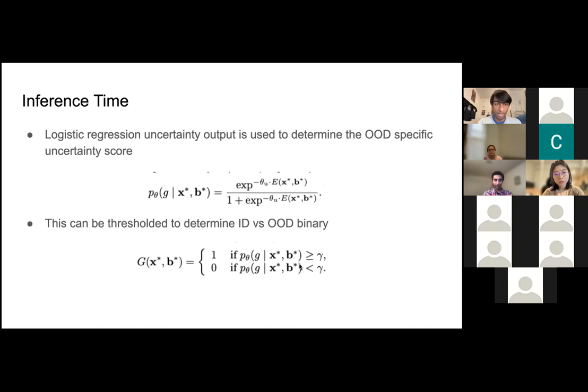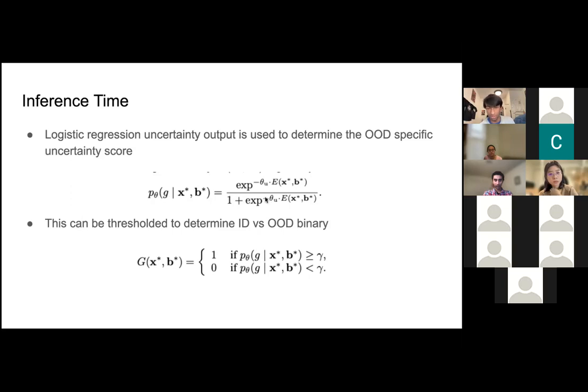Okay, then at inference time, we can make use of this same energy measurement to determine the uncertainty, whether or not we're in or out of distribution. This is how we can estimate the probability that a given bounding box in a given image is either in or out of distribution.